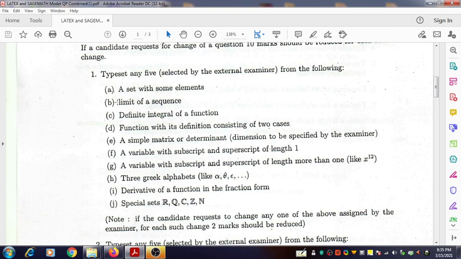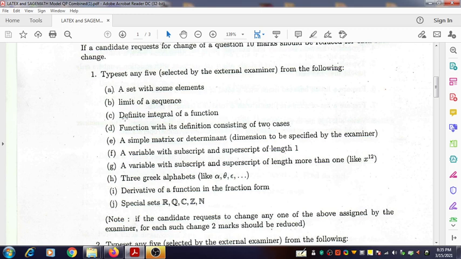So I can read the questions. The first question given is a set with some elements. It means you have to type a set which contains some elements, but in some questions the set itself will be given. A small set will be given. Then the second question is the limit of a sequence. So here you have to type the limit of a sequence. The sequence will be given, and the limit function will also be there.